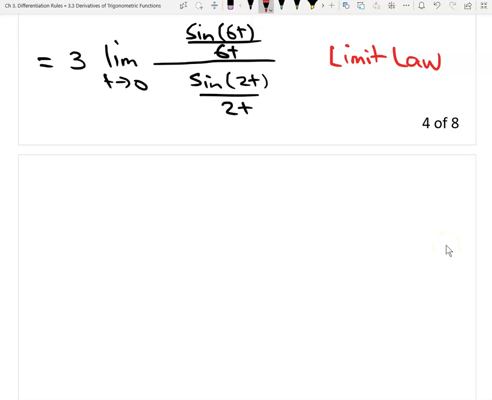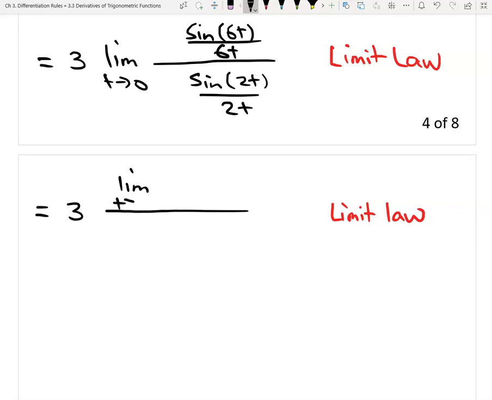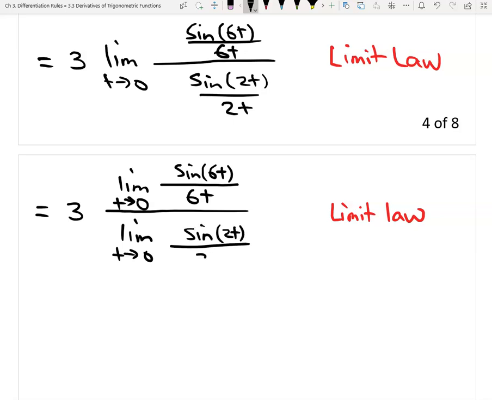The limit of a quotient gives us 3 times a quotient: the top is the limit as t approaches 0 of sine 6t over 6t, and the bottom is similarly the limit as t approaches 0 of sine 2t over 2t.